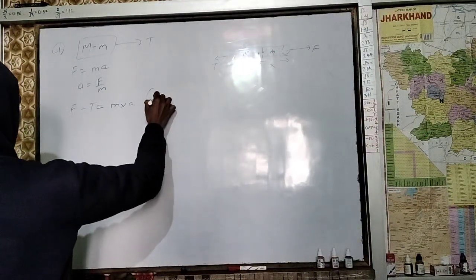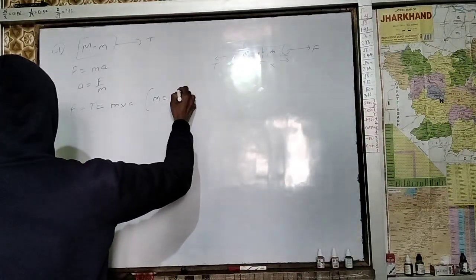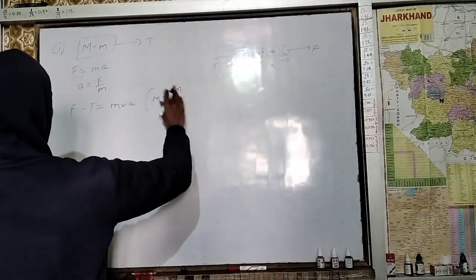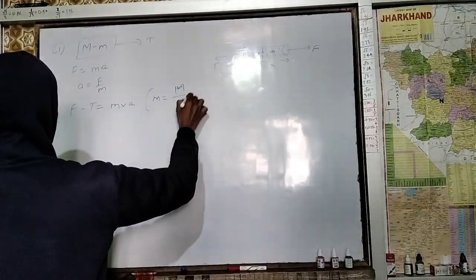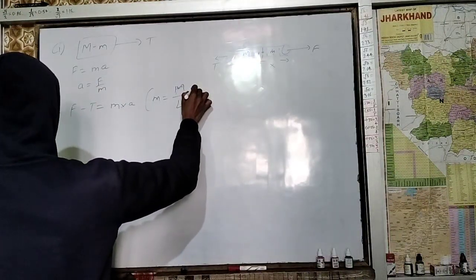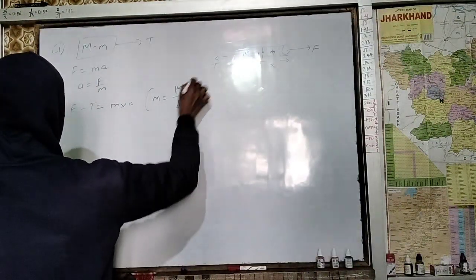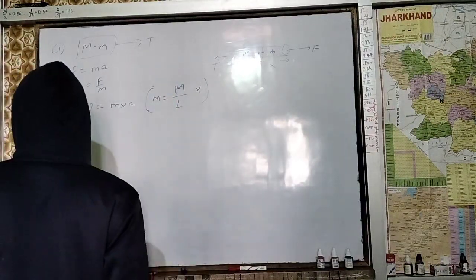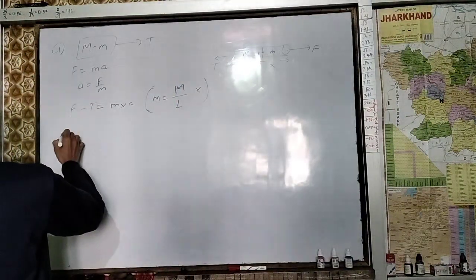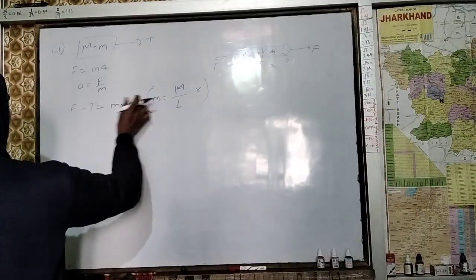And we know that small m is equal to big M upon L into x. Just substitute the value of this small m.